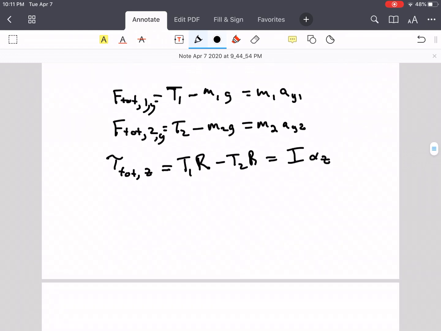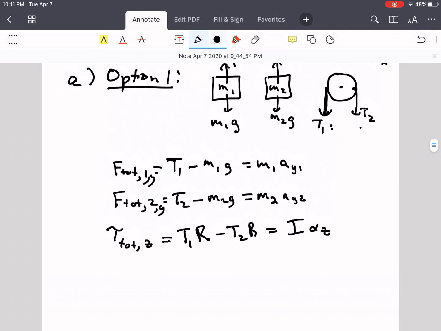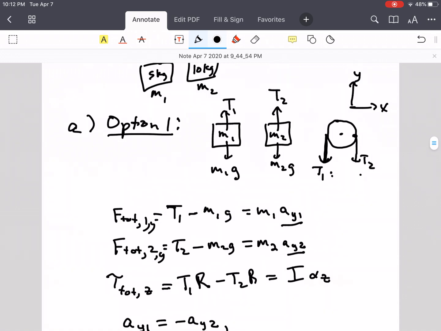And now I just need to add a few constraints. If block 1 accelerates up, then block 2 accelerates down, which tells me that AY1 is equal to negative AY2. And similarly, these guys are all rolling without slipping, so there's a connection between A and alpha. Let's be a little bit clear on this.